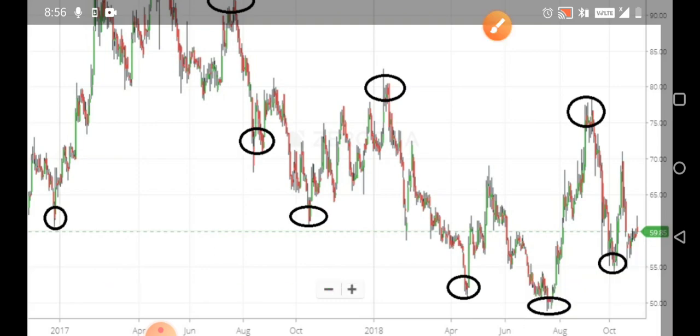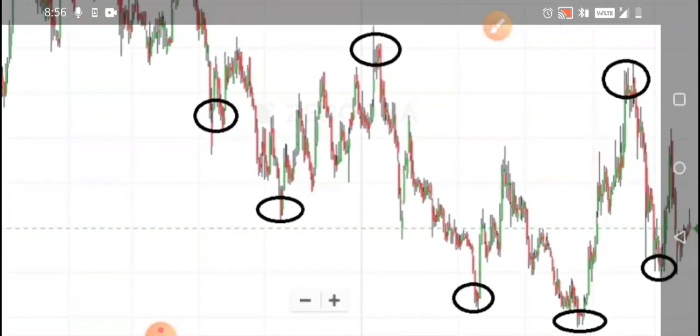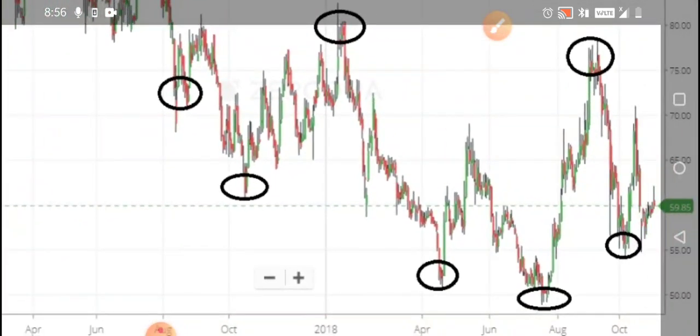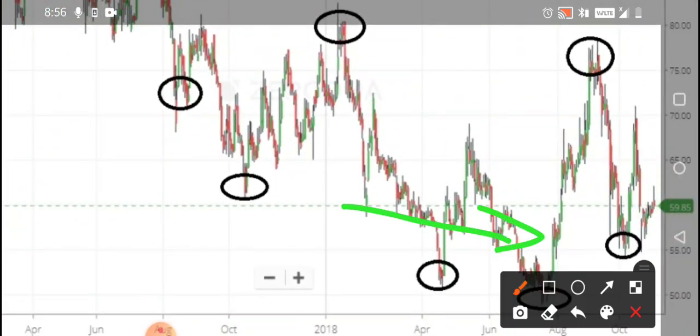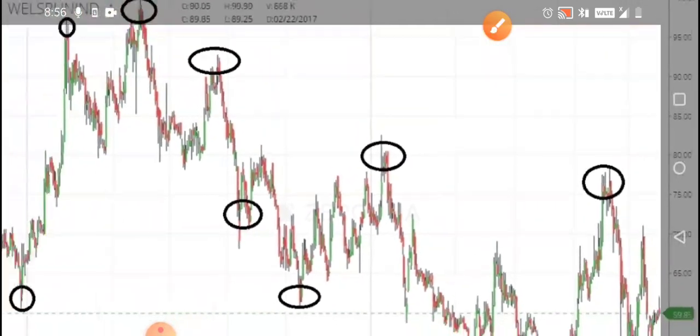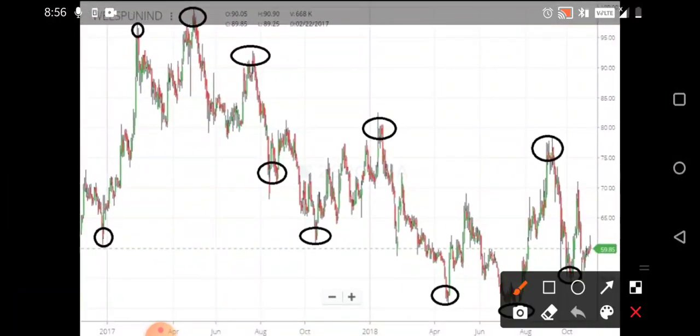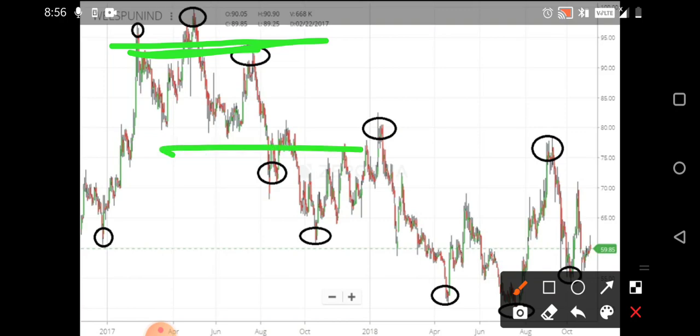Can you see here? I'm drawing the line near the bottom, so that is called the support region. Okay, can you identify? The bottom, all candles come under the support region, and in the same way when you go up here, this is called the resistive region. Again, this will be the resistance. All the candles which are below here will face the resistance, and the candles here also are facing the resistance.